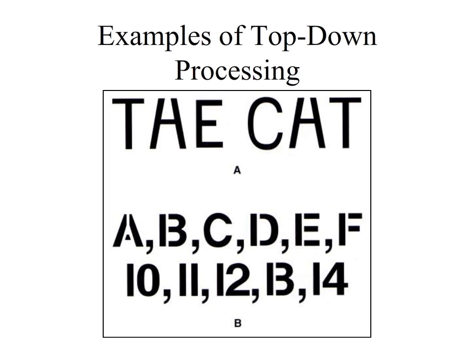Let's again look at another example. Example B. Here we've got a string of letters and a string of numbers. In the context of letters, we have A, B, C, D, E, and F. In the string of numbers, we have 10, 11, 12, 13, and 14. Notice anything the same about these two? You've guessed it again. That is, the B and the number 13 are physically identical.